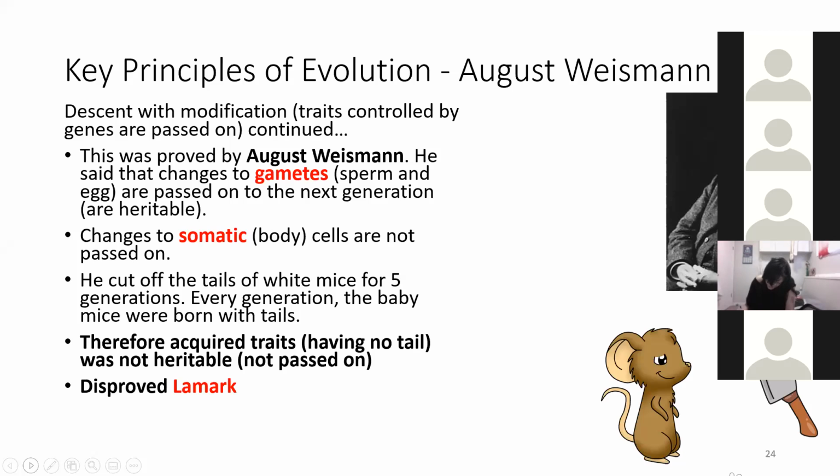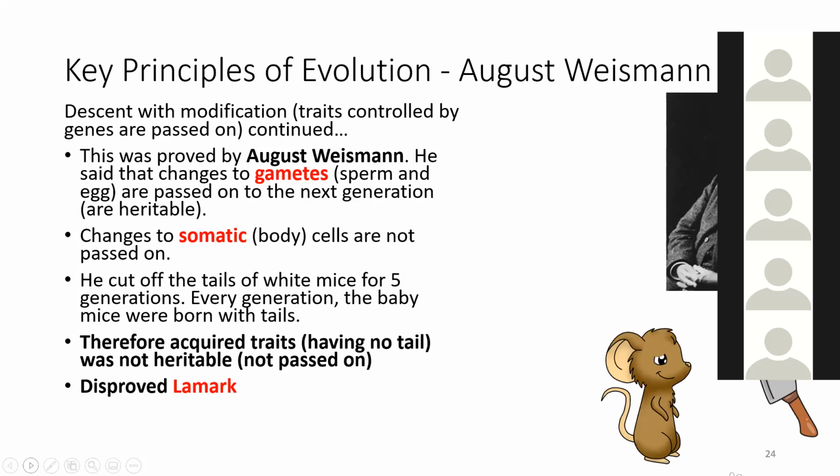It was proved by August Weismann, who said that changes to the gametes, the sperm and eggs, are passed on to the next generation, are inheritable. Changes to the somatic body cells are not. And here's how he proved it. He cut off the tails of white mice for like 5 generations. I've seen other reports, and it might be rats or it might be 10 generations.